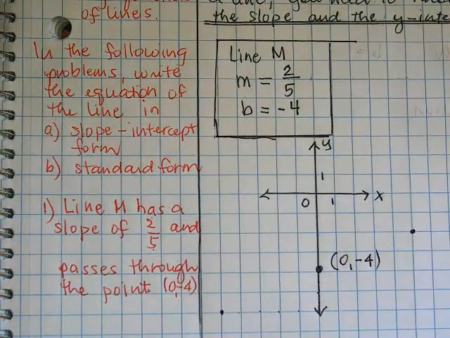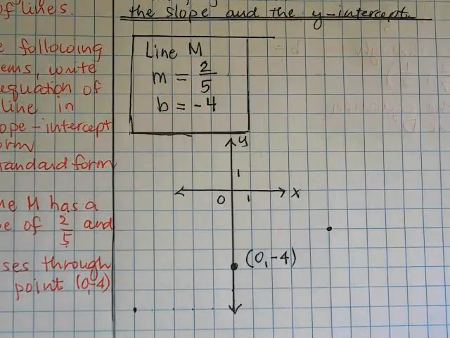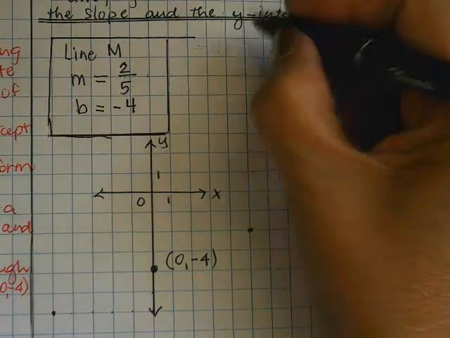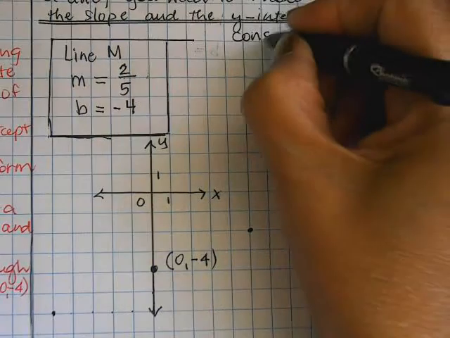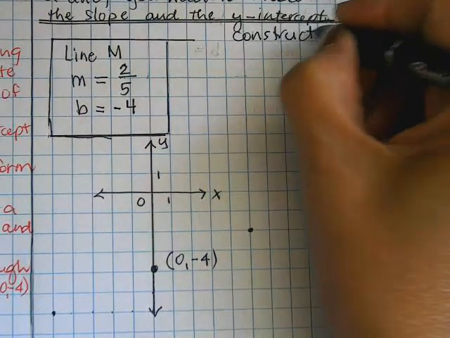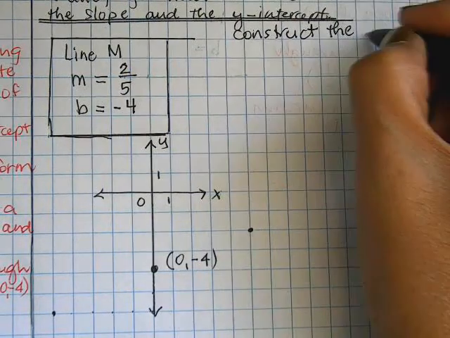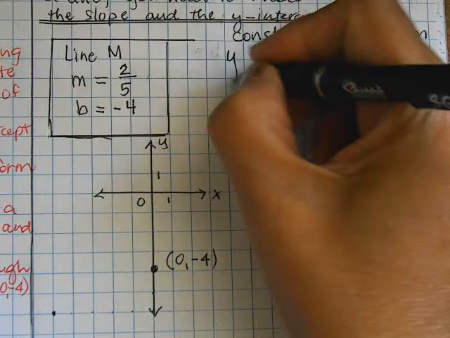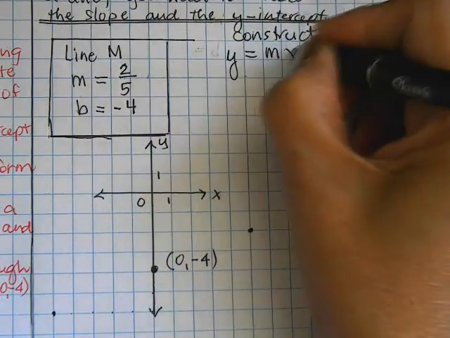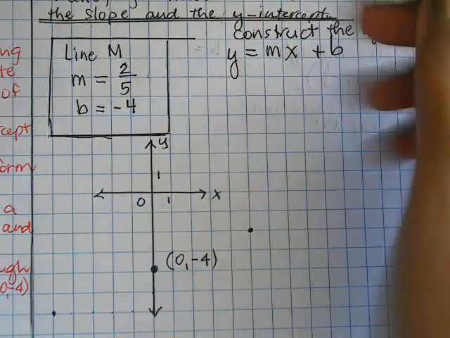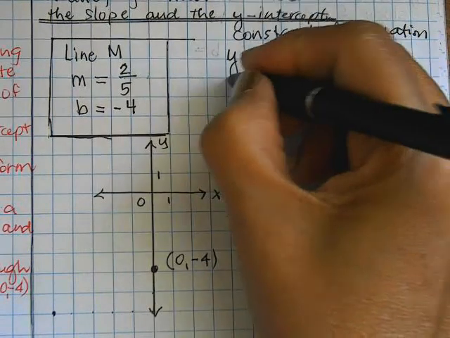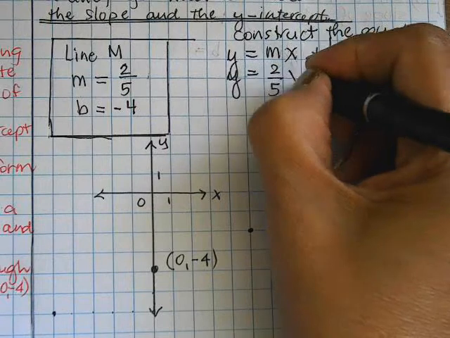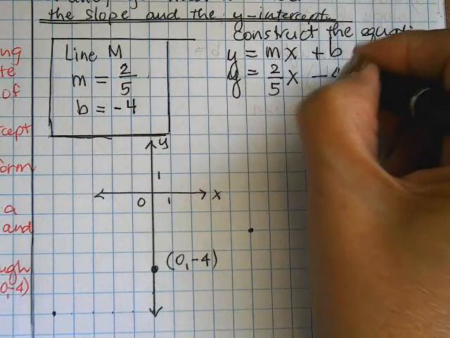After you have those two given, you can now construct the equation using the slope-intercept form, y equals mx plus b, by plugging in values. So y is equal to the slope, 2/5, times x, minus 4.